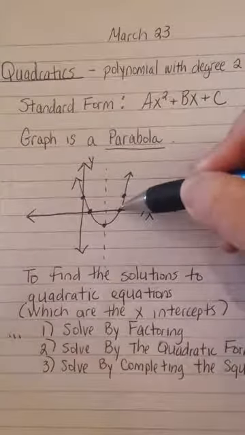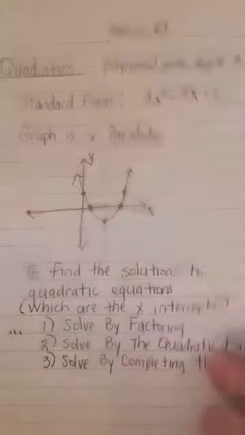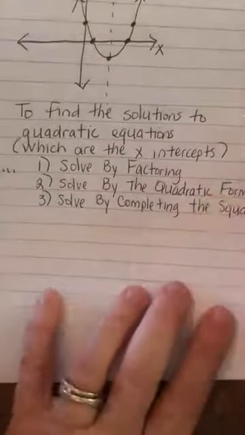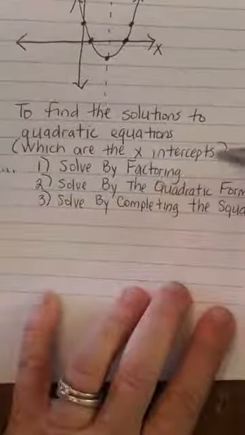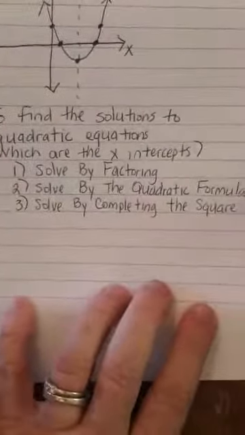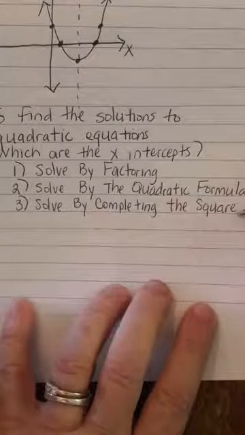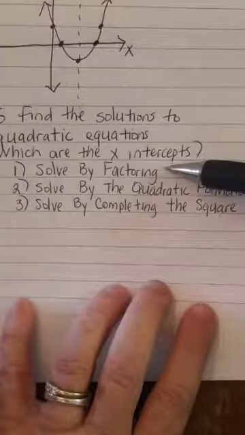And we can find them by solving quadratic equations. There are 3 different ways that we're going to look at: solving by factoring, solving by the quadratic formula, and solving by completing the square. We're going to focus for the next couple of days on solving by factoring.